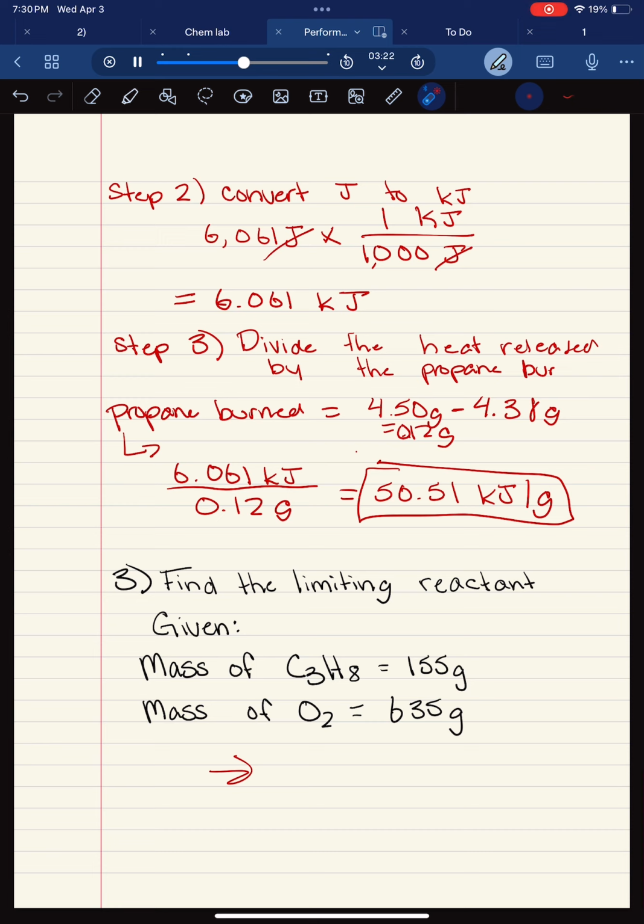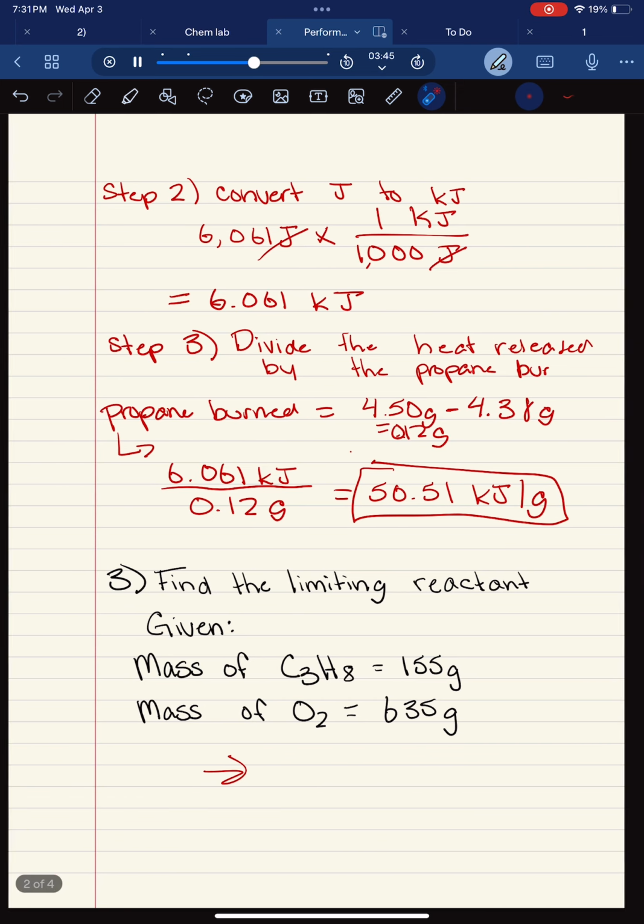And then we're going to find the limiting reactant, given that our mass of C3H8 is 155 grams, and our mass of O2 is 635 grams.